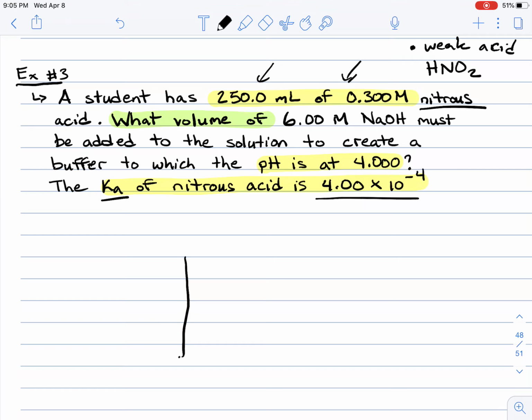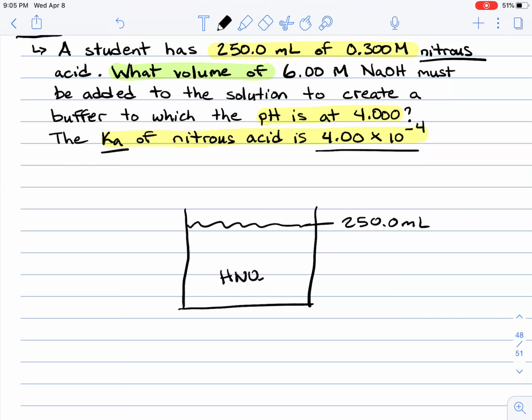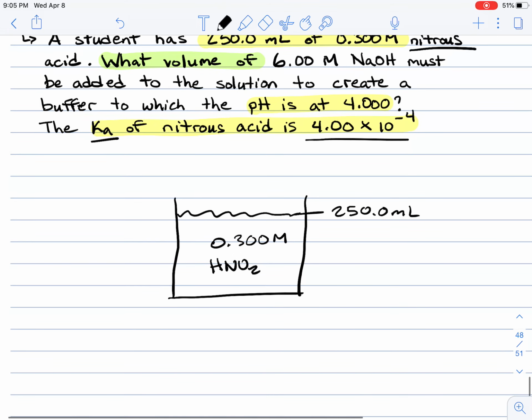So just to visualize what's happening here, we have this beaker. The volume of this solution is going to be 250.0 milliliters, and the contents inside this solution look like pure HNO2. The concentration of it is going to be 0.300 molar. Currently, as it stands, we just have one substance, which is a weak acid.